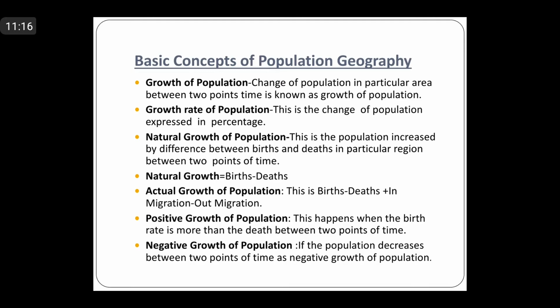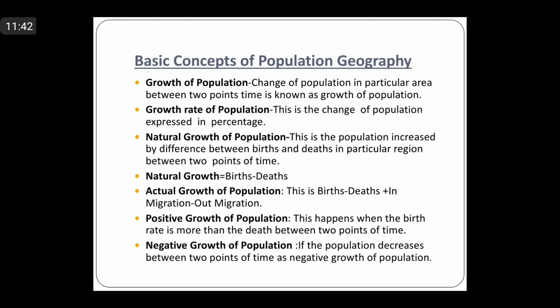Do you think, children, when the birth rate is more, in which phase of population? We have read about 4 phases of population when we did the first chapter from India, People and Economy. So, positive growth of population is when the birth rate is more than the death rate between 2 points of time.